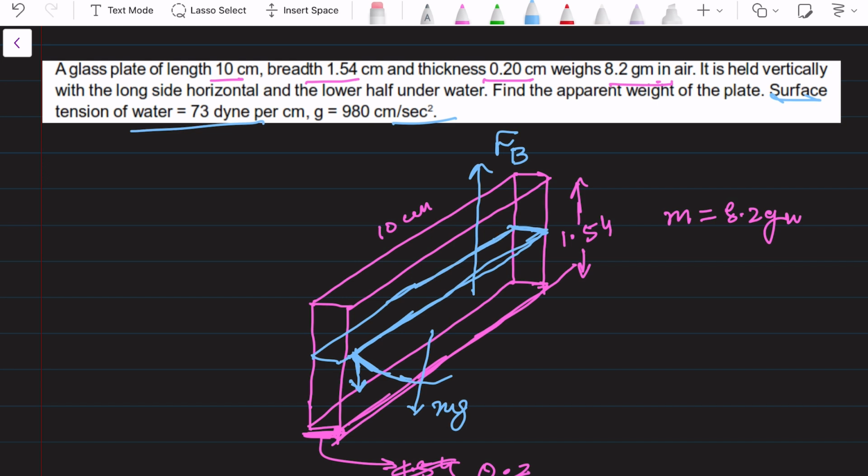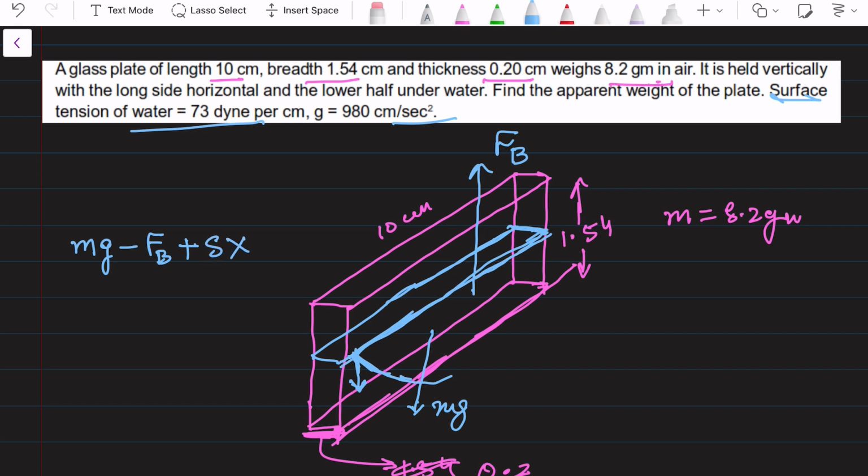So the apparent weight will be equal to mg minus buoyancy force, and the surface tension force is downward, so plus S into how much length?